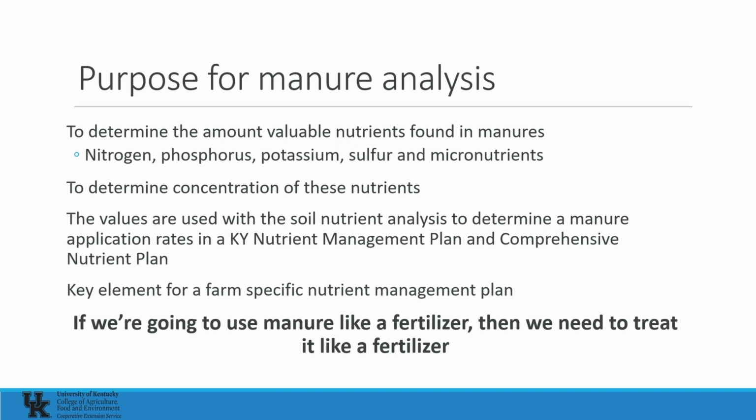So the key element is that we take soil samples and manure analysis, and we come up with a specific nutrient management plan for our farm. If we're going to use manure like fertilizer, we're going to treat it like fertilizer. In other words, we want to know the nutrients that we're land applying for crop growth.